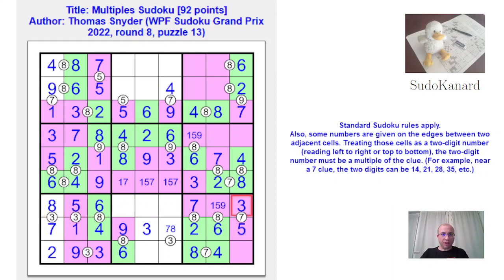Which resolves the 1-5 pair, that's not a 5. This can only be a 1, and that's a 9, and that's 8. Multiple of 3, 81, 84, 87. And that's a 5. So no 7 here, no 5 there. So that's a 5. This column needs 1 and 2.